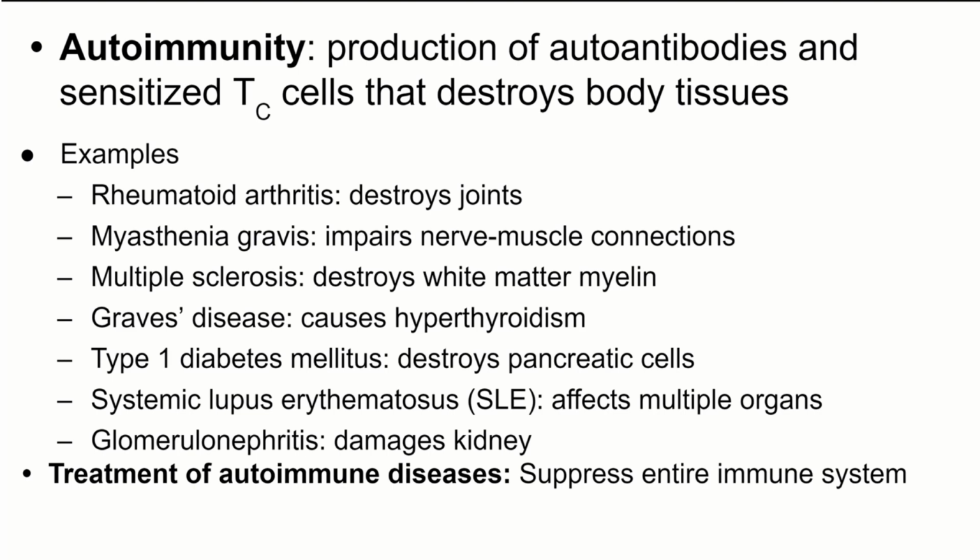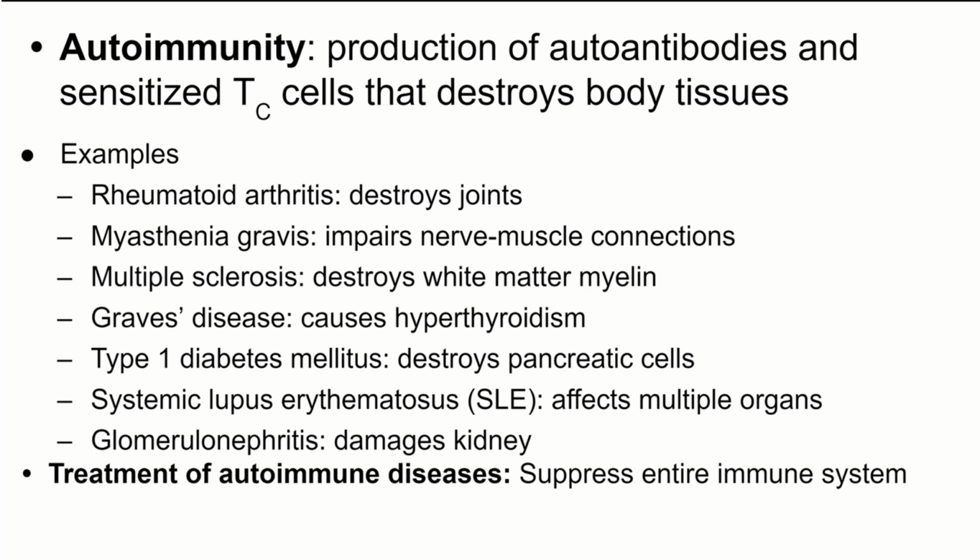We have myasthenia gravis, which impairs nerve muscle connections. So this is those skeletal synapses. We have multiple sclerosis, which destroys white matter's myelin sheaths.